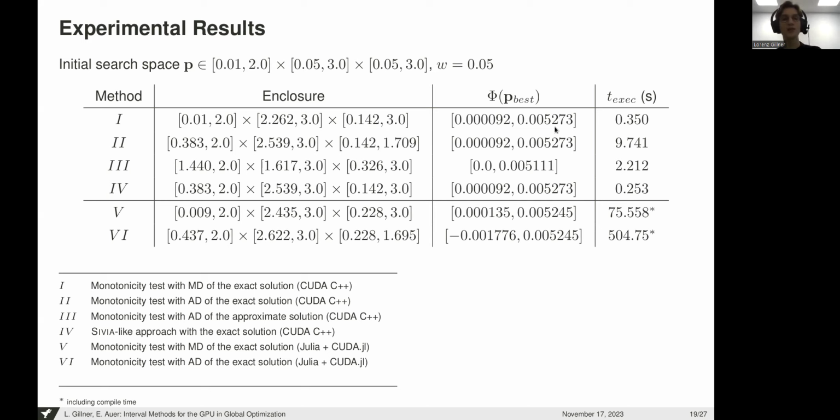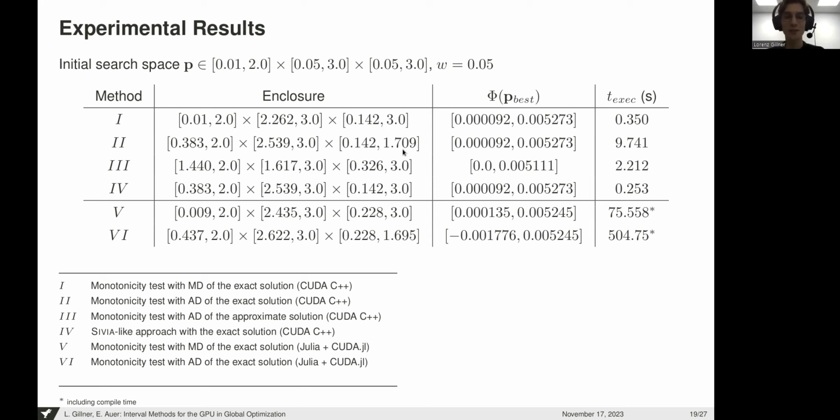And as expected, the hard-coded version of the exact solution is the fastest. And as soon as we introduce automatic differentiation to this problem, well, the execution time increases dramatically. But this might be due to the fact that we just took a CPU optimized library like FADBAD and put it on the GPU, which does a lot of memory allocations, which are expensive on the GPU again.